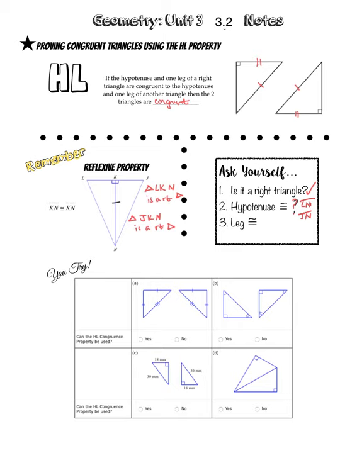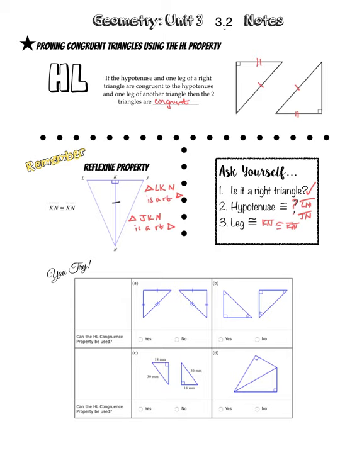A leg is congruent. KN is congruent to KN. So we don't know if those two triangles are congruent. We know KN is congruent to itself, and we know angle LKN is congruent to angle JKN because they are two right angles, but we do not know anything else.